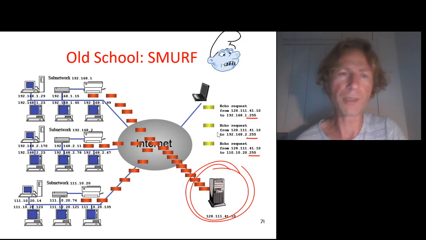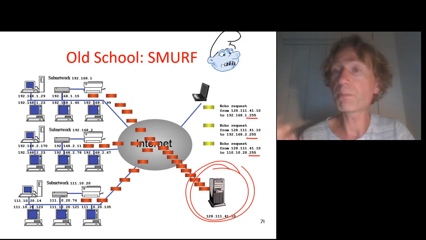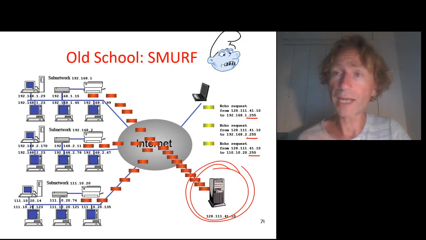Can't do this anymore, but it would broadcast on this network, and then all of these machines would receive that message and reply. Right? It's a ping request. So you echo that with an echo reply. And all the replies would be sent to what looks like to be the source of that ping request, which is 128.111.41.10, one in here also, and here also.